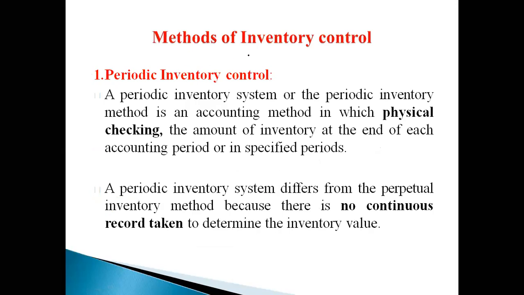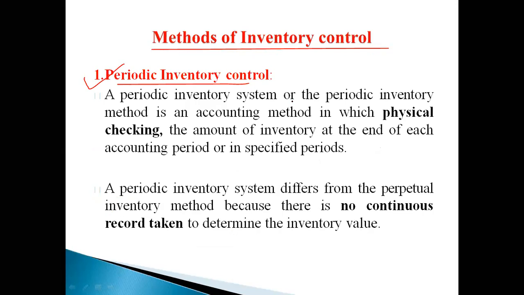Then various methods related to the inventory control. First is the periodic method. Name itself indicates that after some time, 1 day, 2 days, or 1 week, you have to observe the inventory periodically.